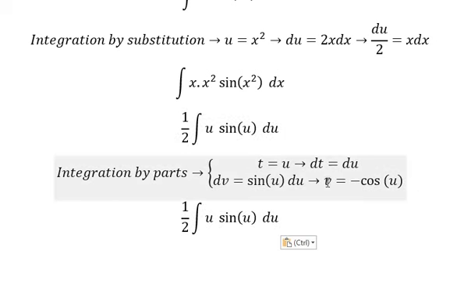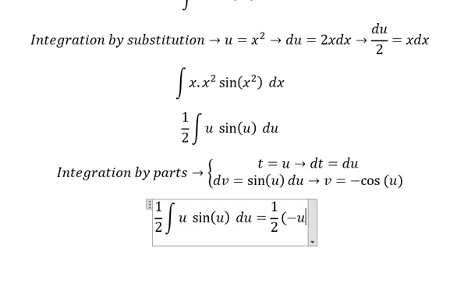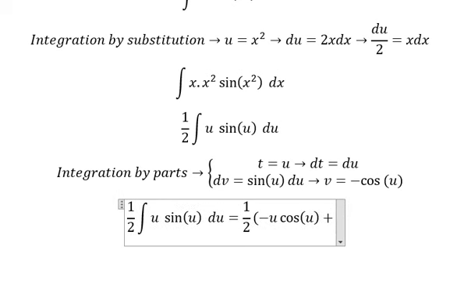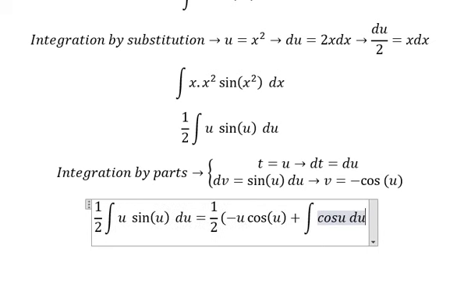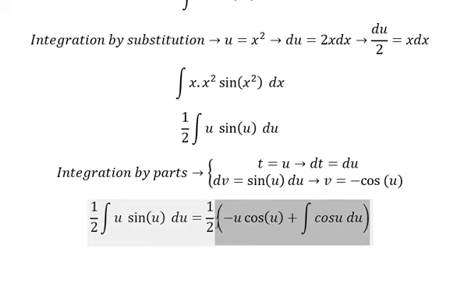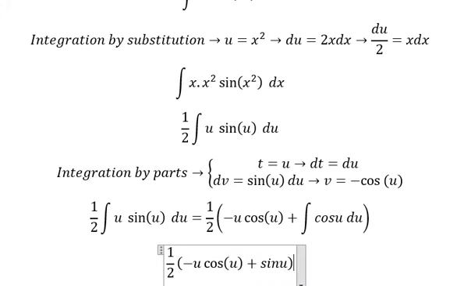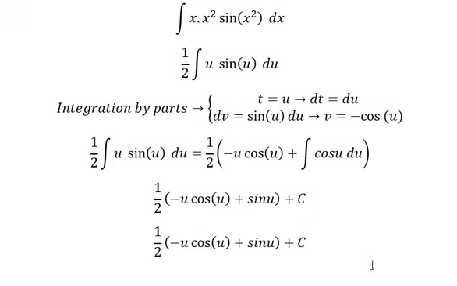So we have t multiplied by v, so you get negative u cosine of u. Then dt multiplied by v: because we have the negative sign here and another negative sign in here, you get positive, and we have the integration of cosine u du. And this one we get sine u, and we put c in here. About u, that's s squared.